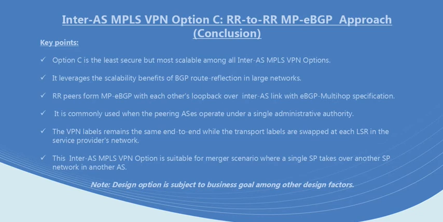It is important to note that you can use this option when you are considering a scenario of acquisition or merger between two service providers, and that is talking about two ASs that will operate under the same administrative authority.